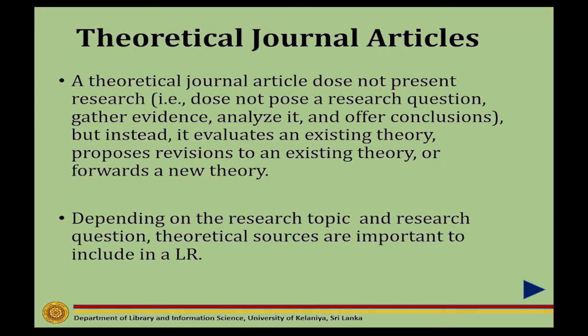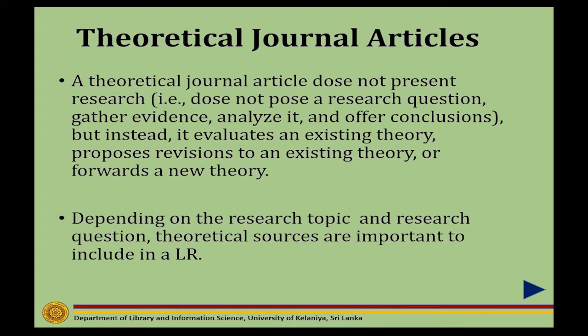In theoretical journal articles, the focus is on theory, maybe a theoretical model. There are a number of journal articles published based on particular theories, because revised versions keep coming through. For example, if I'm looking for a theoretical model related to an educational platform, there will be a number of models available, but I want to figure out what will be the best fit for my study.